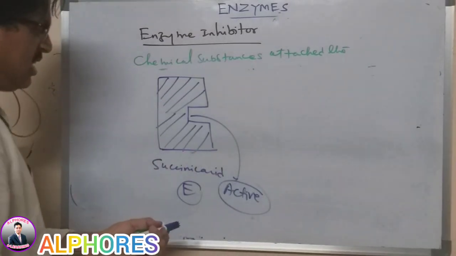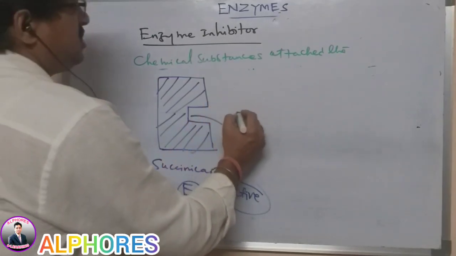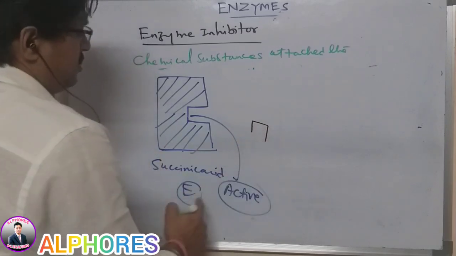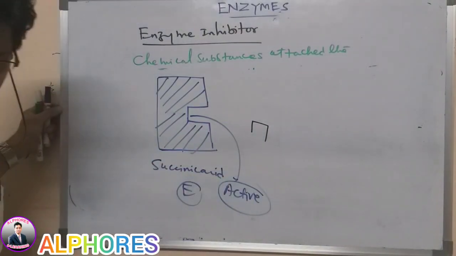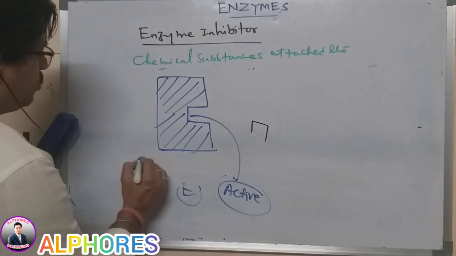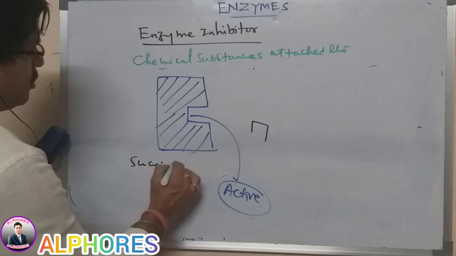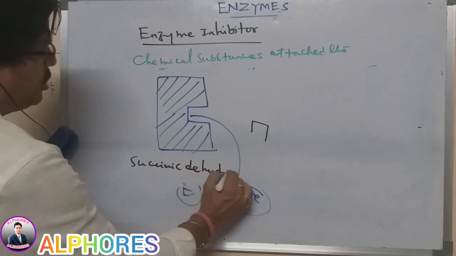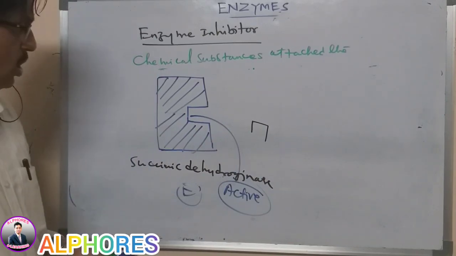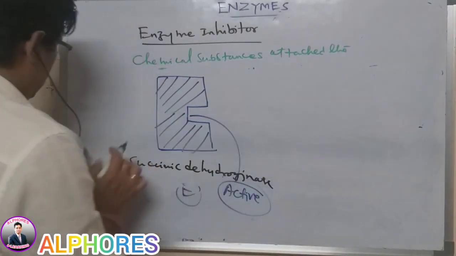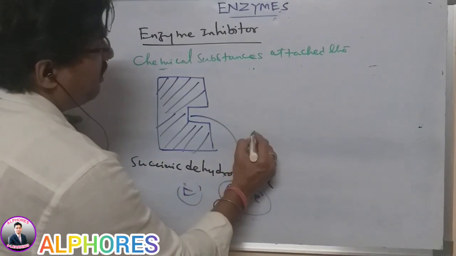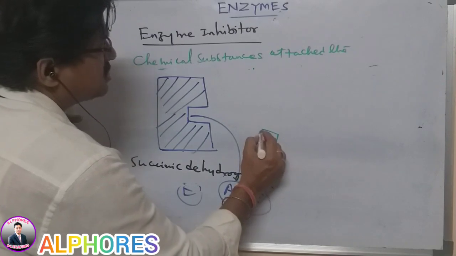And here, this is the substrate, the substrate of succinic dehydrogenase. This is the enzyme succinic dehydrogenase, with the active site. Now suppose the substrate molecule is here like this.